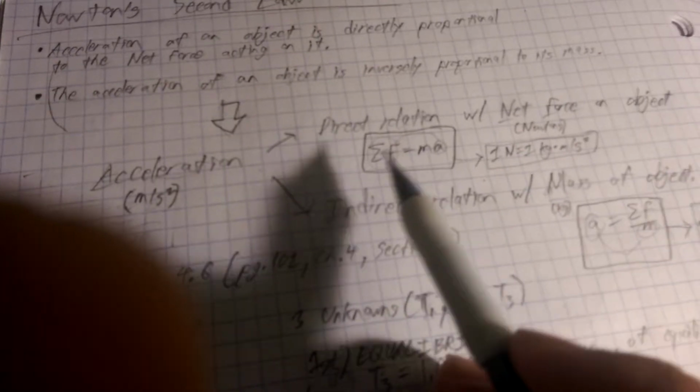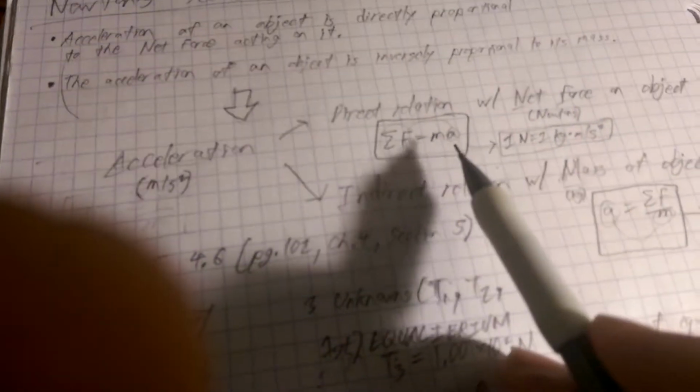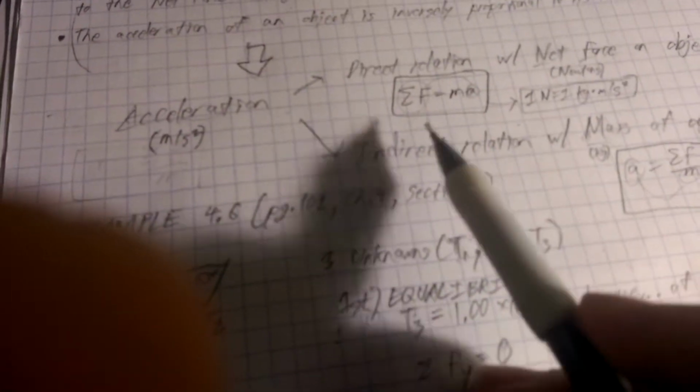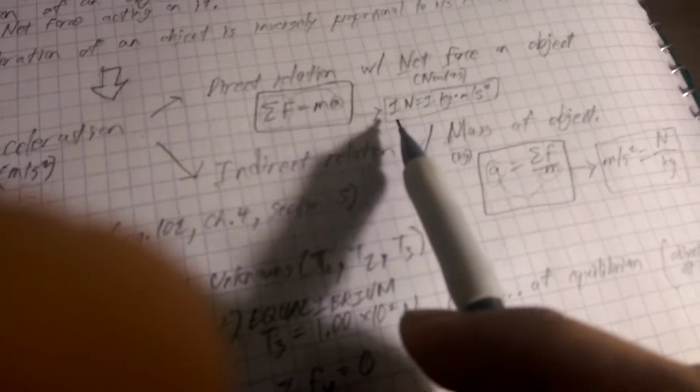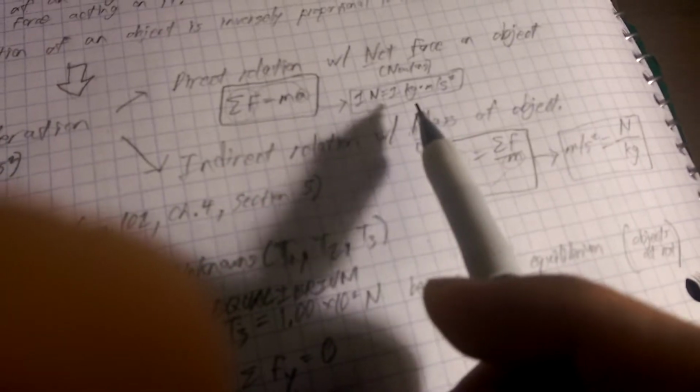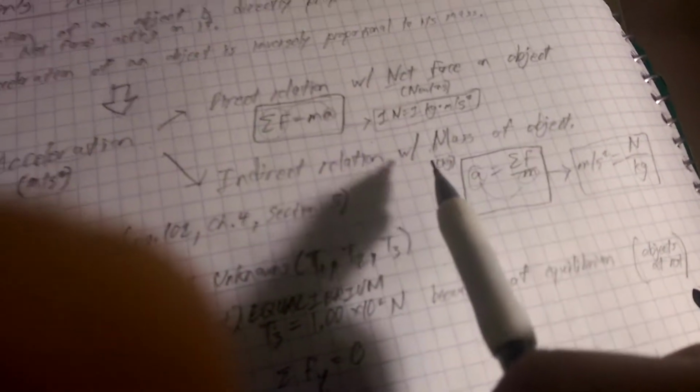So it'll proportionately lower alongside acceleration, or it'll increase alongside acceleration. And vice versa, acceleration will also increase alongside force if force is increased or decreased. And that's to explain the units also: 1 Newton equals 1 kilogram times meters per second squared.